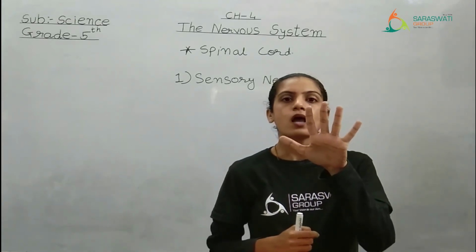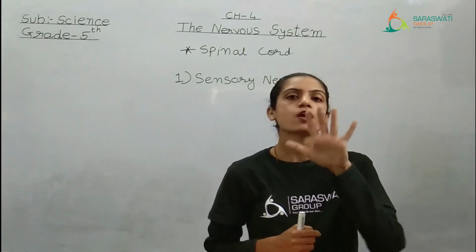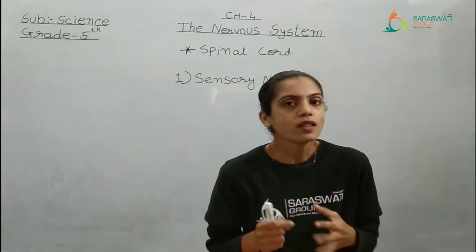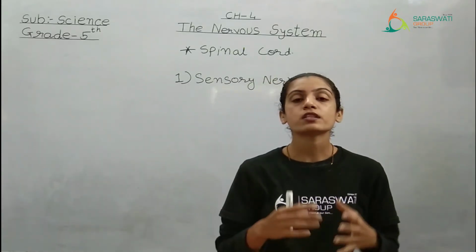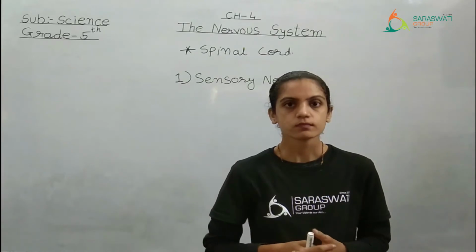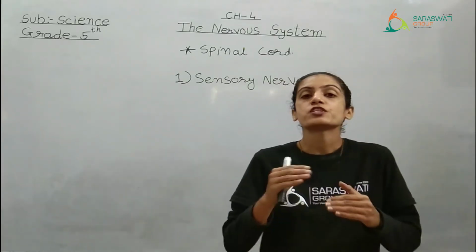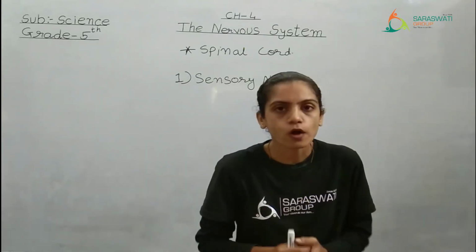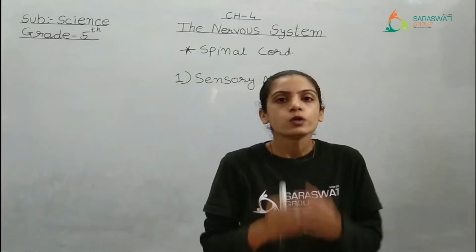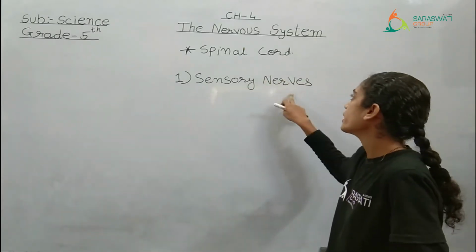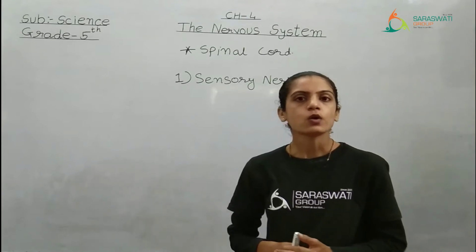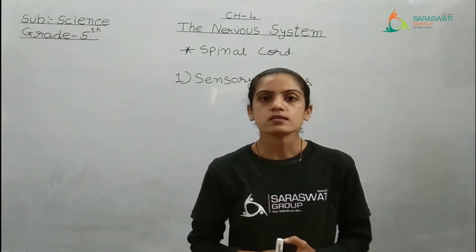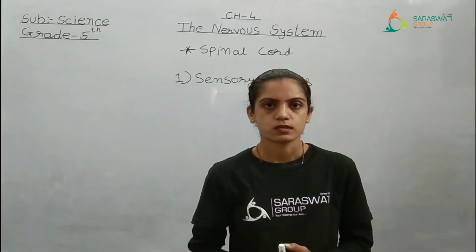So these all are the 5 sense organs. All these sense organs are connected with different nerves. So the nerves which are connected with the sense organs are known as sensory nerves. They are known as what? They are known as sensory nerves.